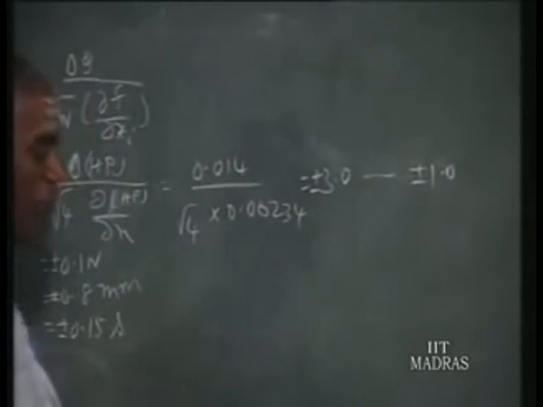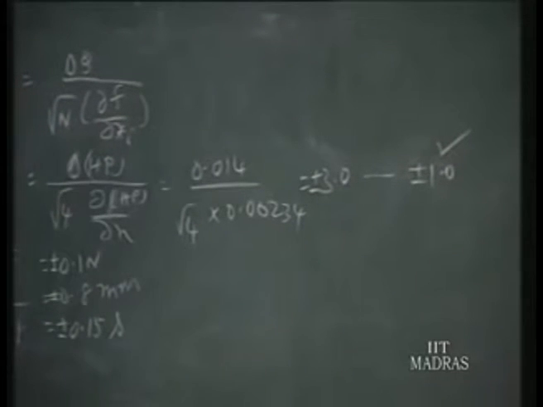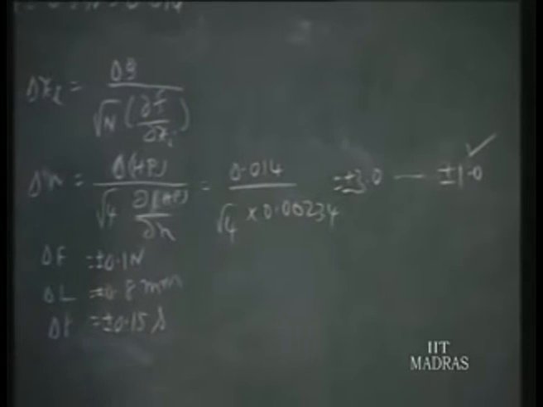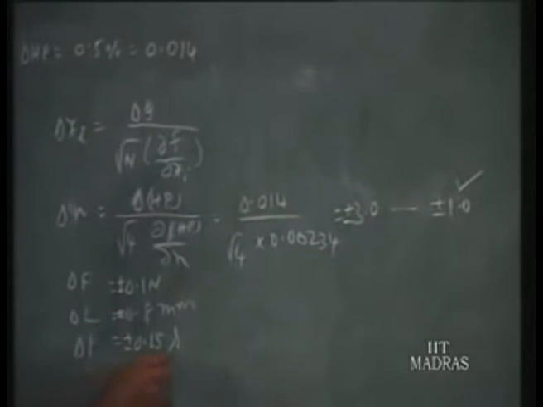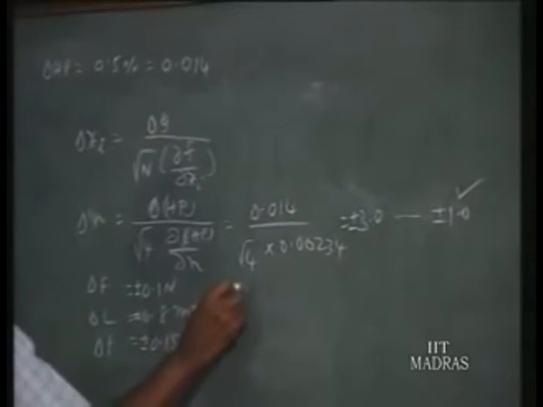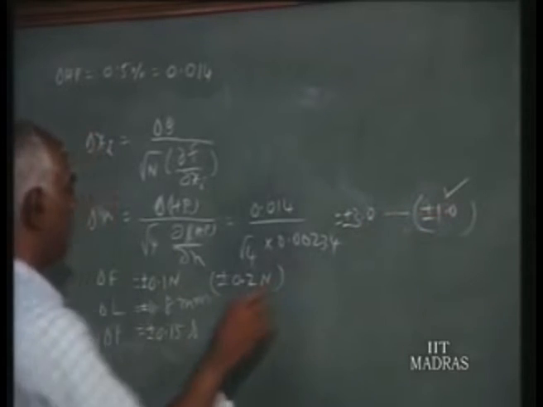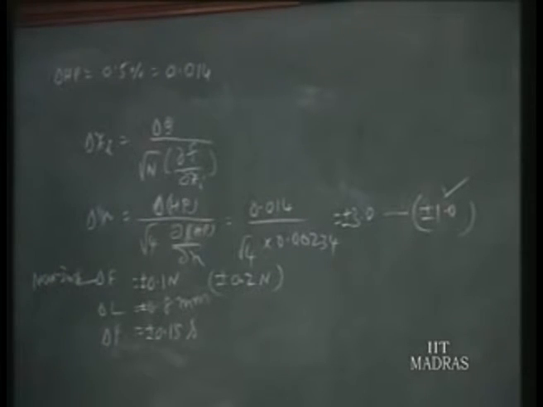It is already available, so we can use this instrument. This is a finer instrument than the proposed one, so we can use it. And for delta f, the existing instrument measures plus or minus 0.2 Newton, but we want 0.1 Newton. So we should go for a new instrument. That's how we use this concept here.